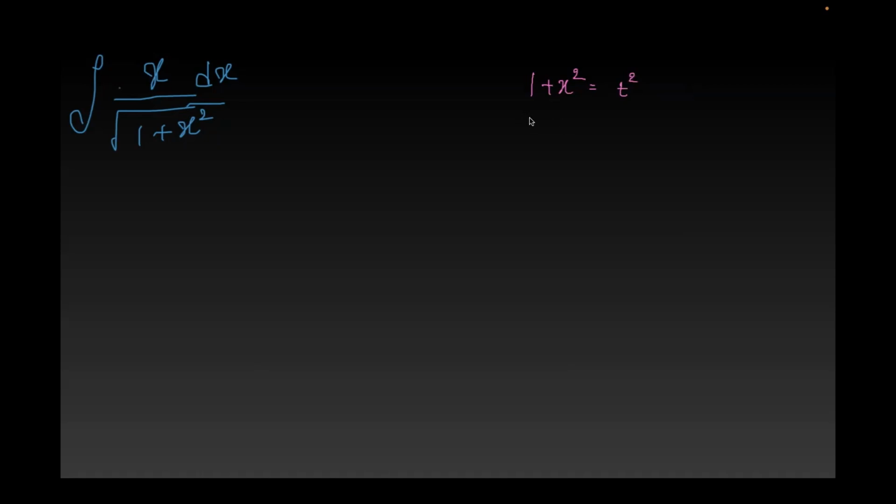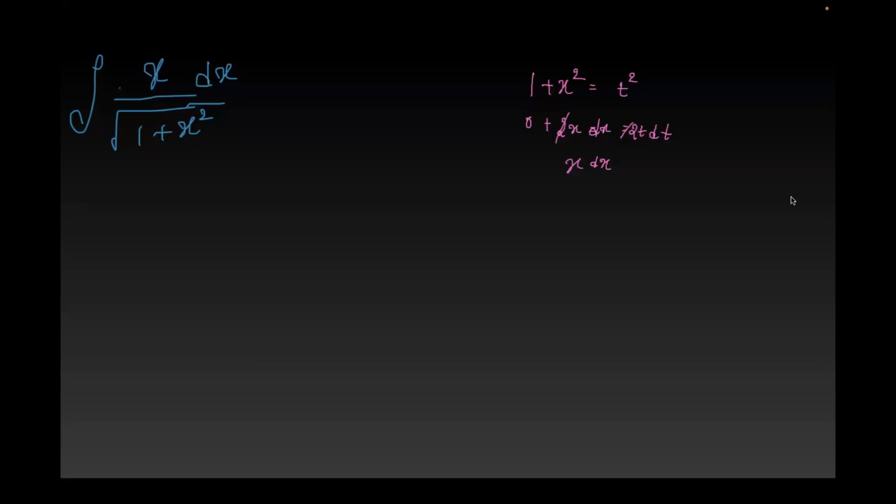Now, what you should do? Again, differentiate both sides. Differentiation of 1 is 0. This is nothing but 2x dx is 2t dt. Now, x is there, so x dx. 2 cancels anyway, so it doesn't matter.